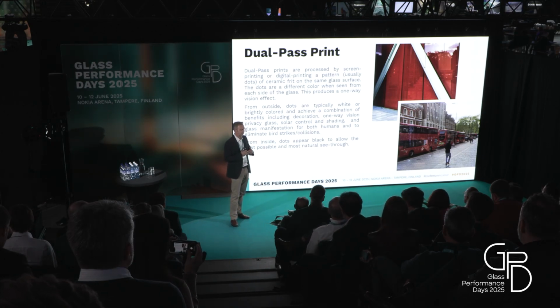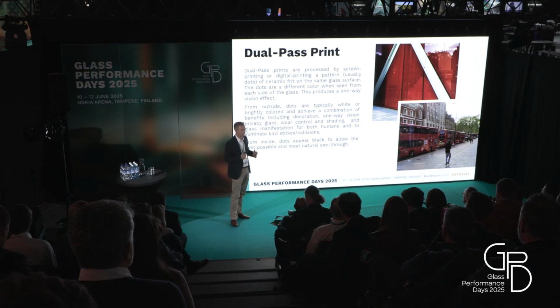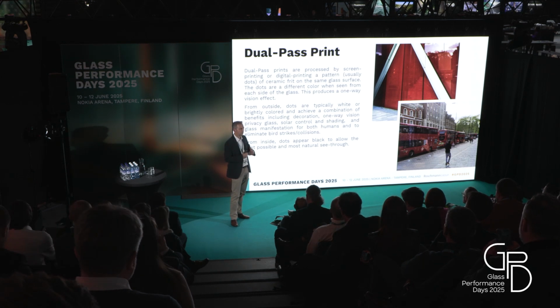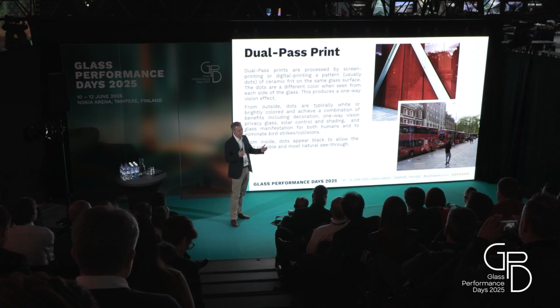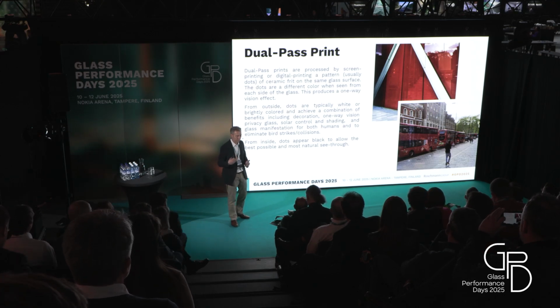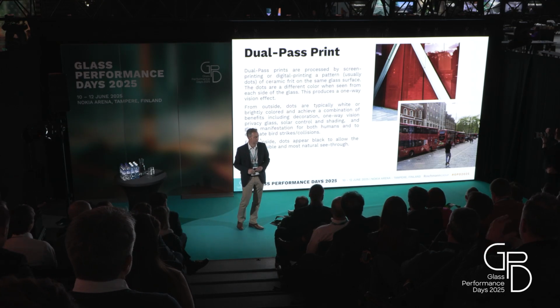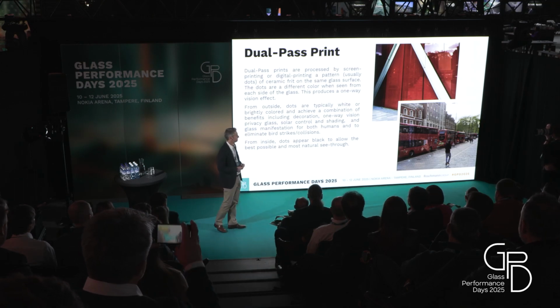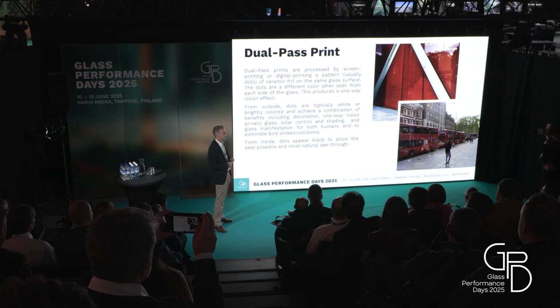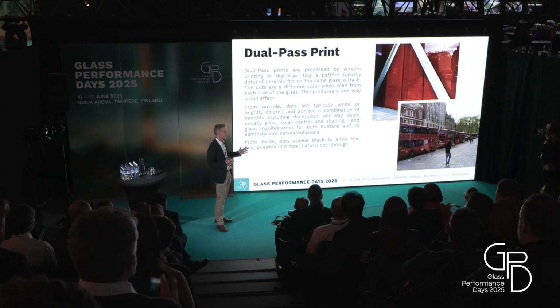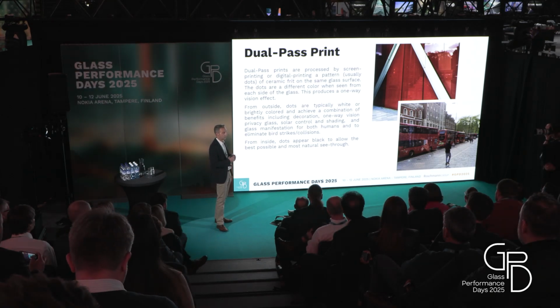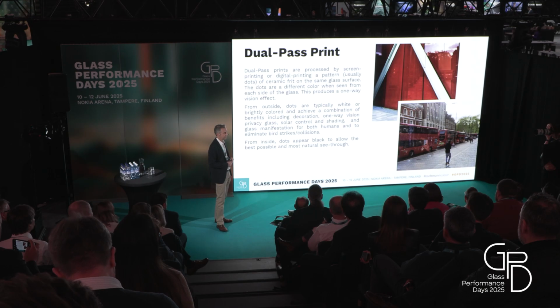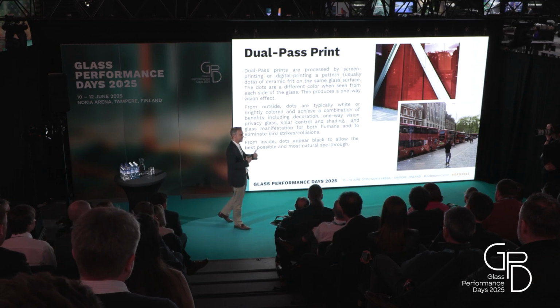Typically lighter colors, or more like a colorful spectrum of colors, which I can see from outside, and typically a very dark gray or black color, which I can see from inside. So why am I doing this? Basically, I want to use that as a shading element or an obscuration element. So I cannot look from outside in, but I can look from inside out.